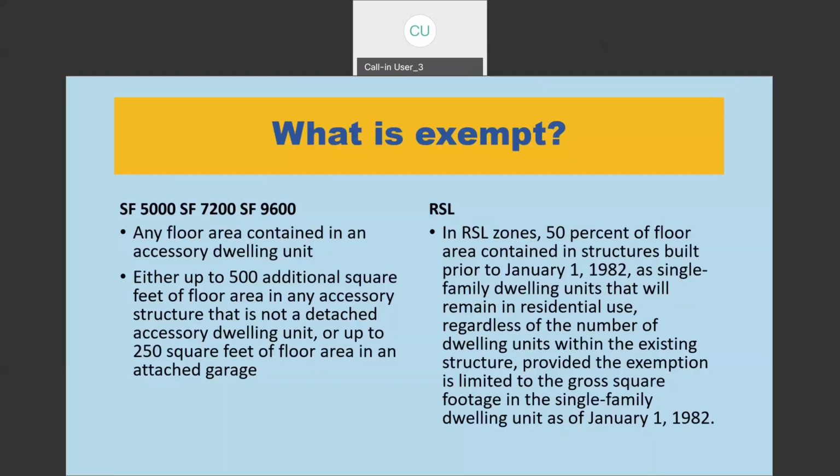So in RSL zones, you can build townhouses and row houses, or even 2 principal dwelling units. If you have an existing one, 50% of the floor area can be exempt from the FAR calculation, as long as the structure was built prior to January 1st, 1982.